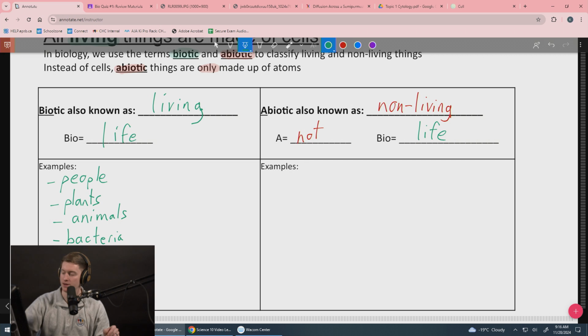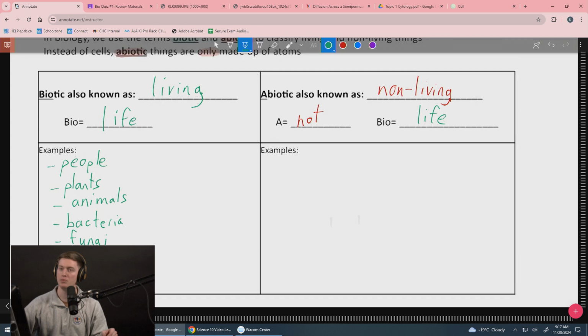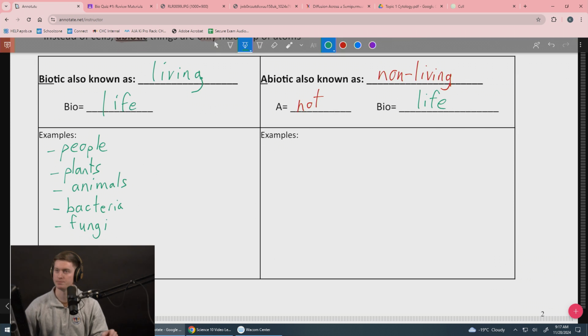Or fungi are living. Things like a mold or a mushroom. Those are living things. Abiotic things are not living. We'll look at the characteristics that living things have in a bit, and you'll see that all of the things I'm about to list here don't have those characteristics.